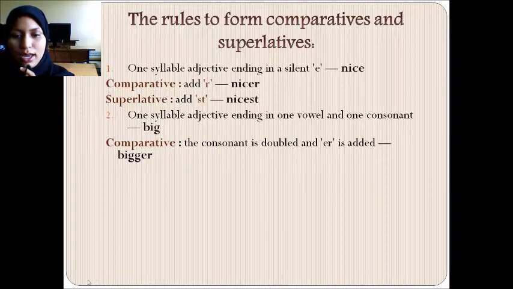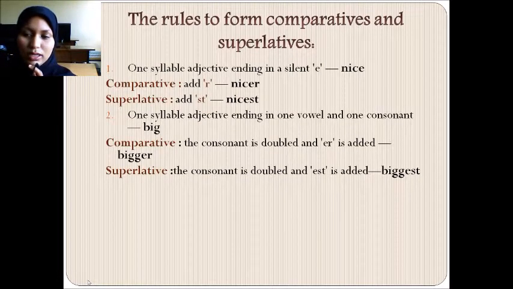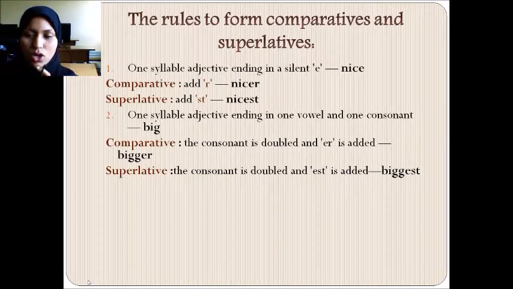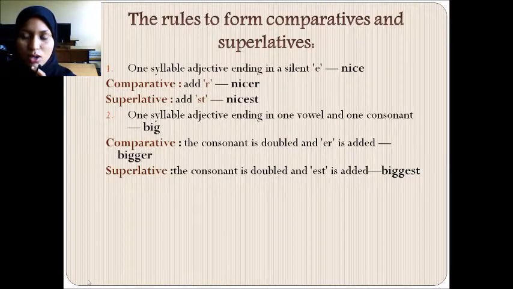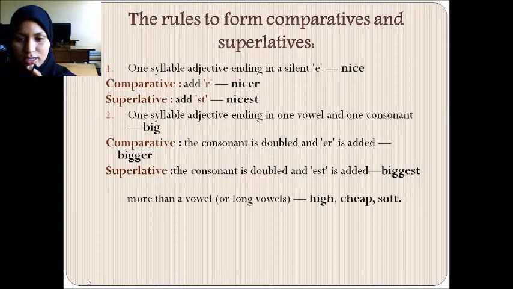For the superlative, the consonant is doubled and est is added. It is the same rule as the comparative, but we add est instead of er. So we get biggest.